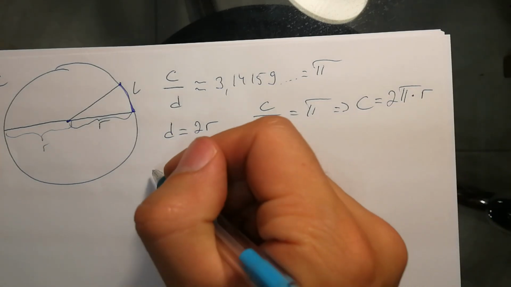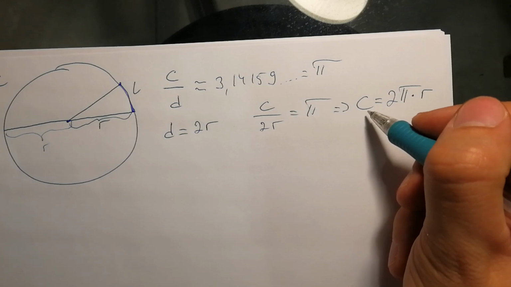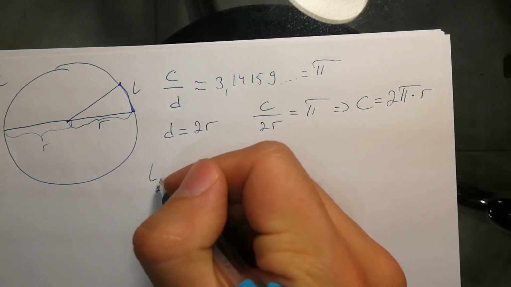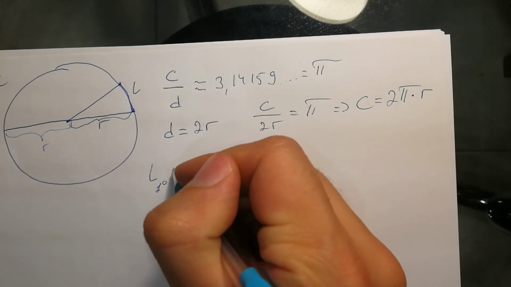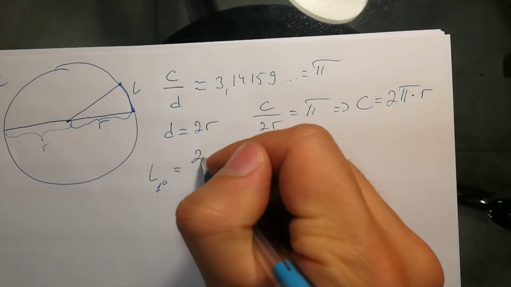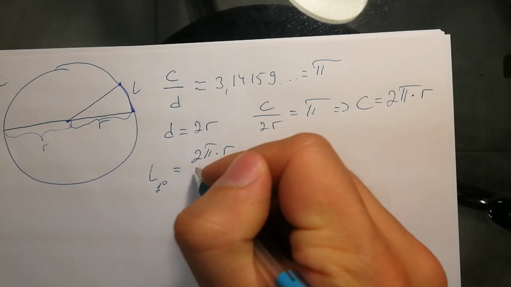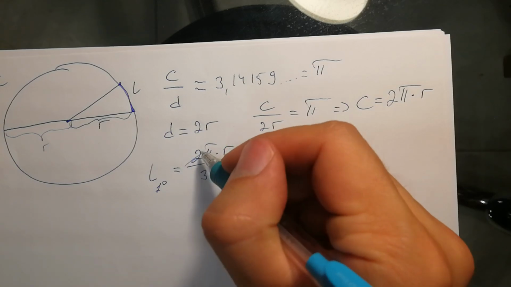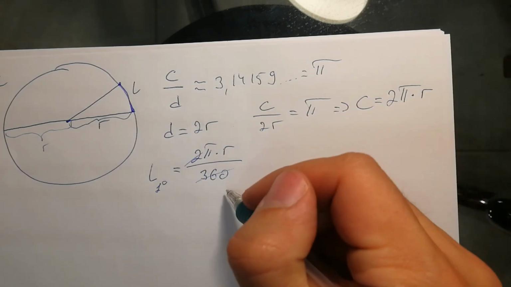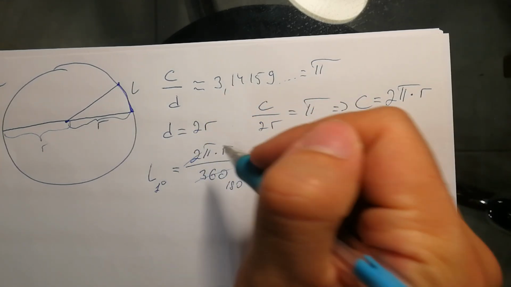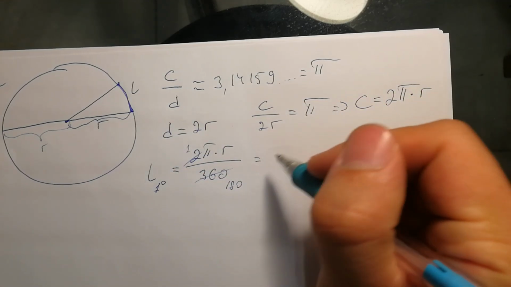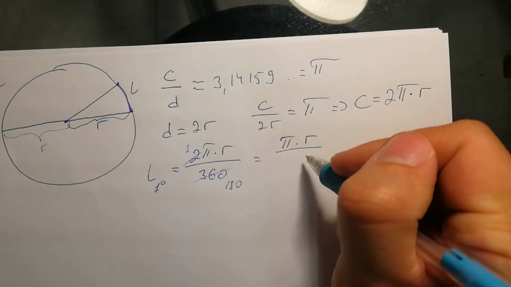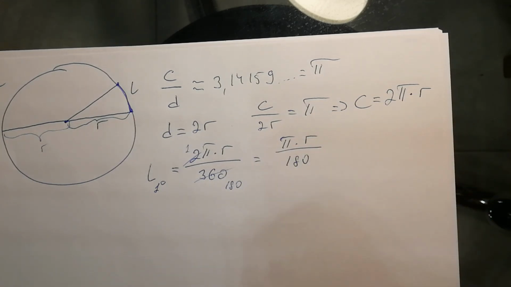Now it will not be C, it will be L, the length of the arc with 1 degree, which will be 2 pi multiplied by the radius divided by 360. And we can reduce 2 and 360: here will be 180, here will be 1, and we obtain pi multiplied by the radius divided by 180.